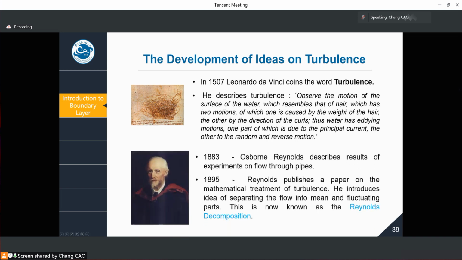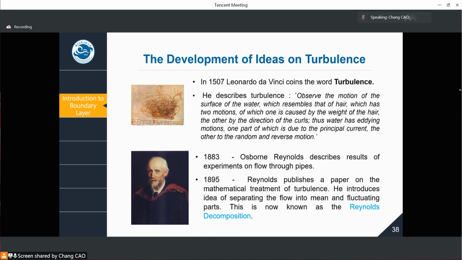And then in 1883, more than 300 years later, Osborne Reynolds, also a very great scientist, described results of experiments on flow through pipes. He did such experiments by himself, and also observed the flow pattern.